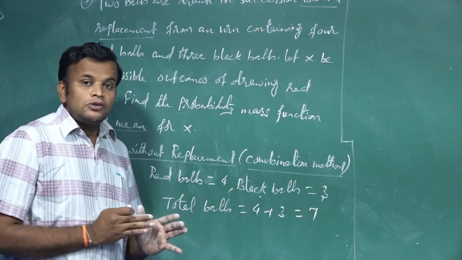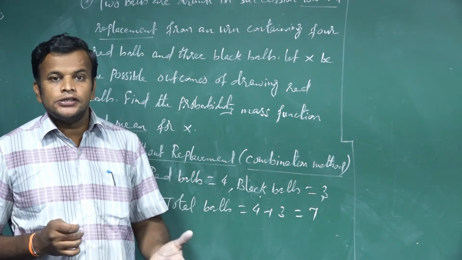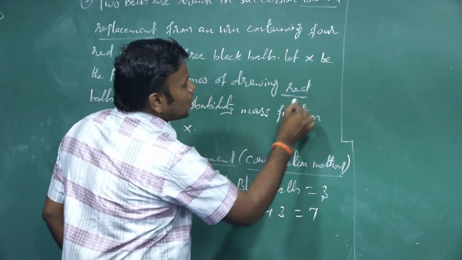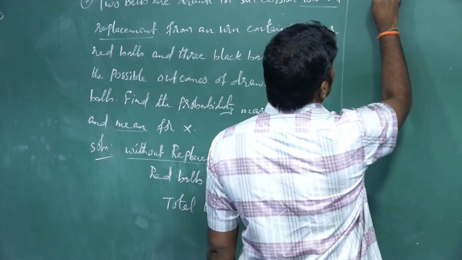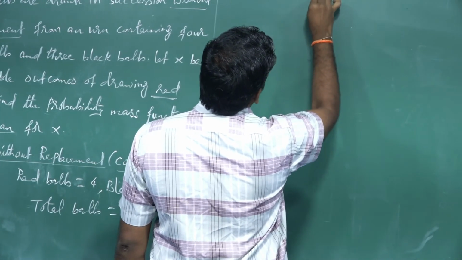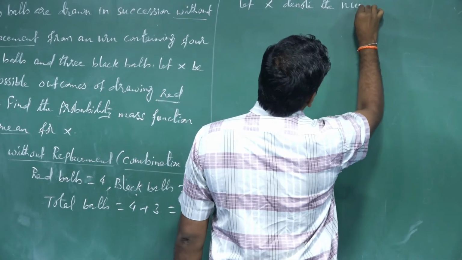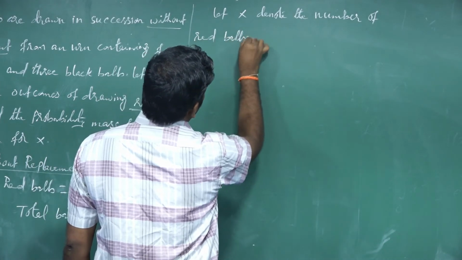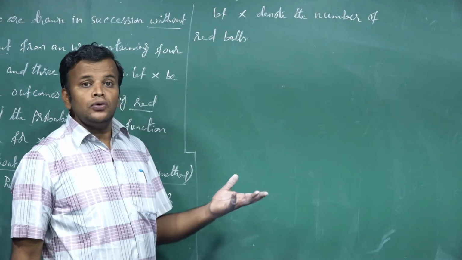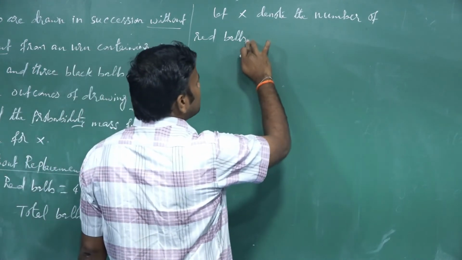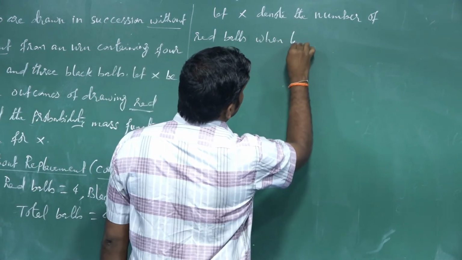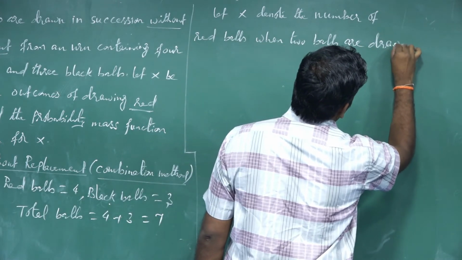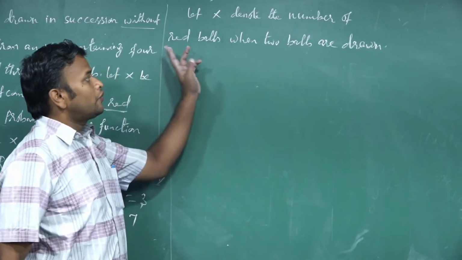Next, first we name the random variable; the symbol is always X. Let X denote the number of red balls when 2 balls are drawn.